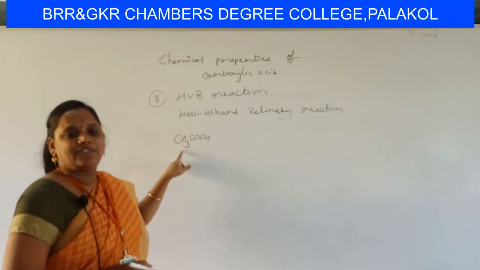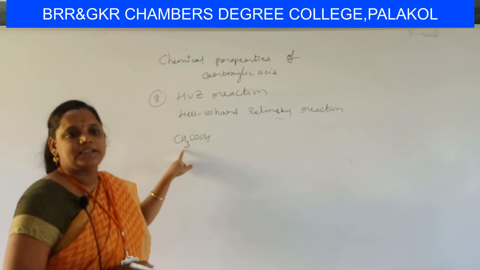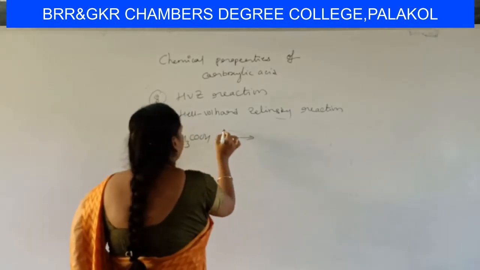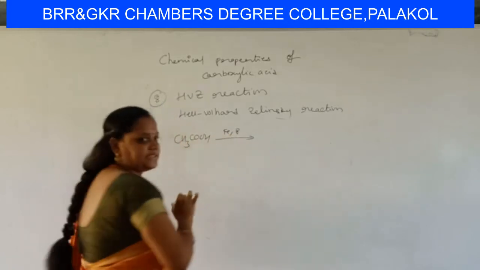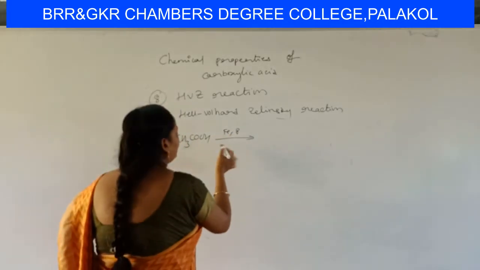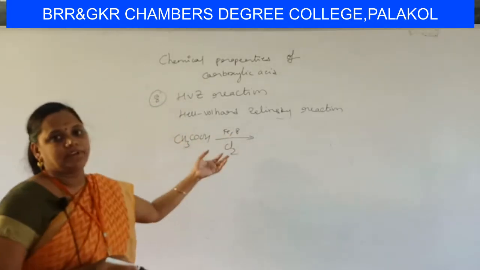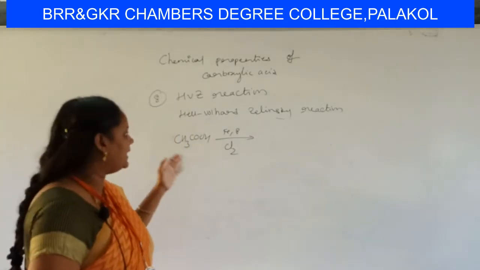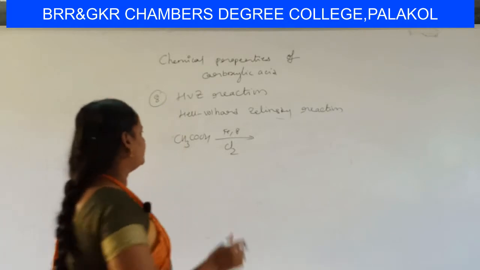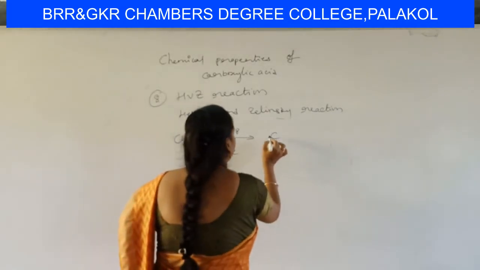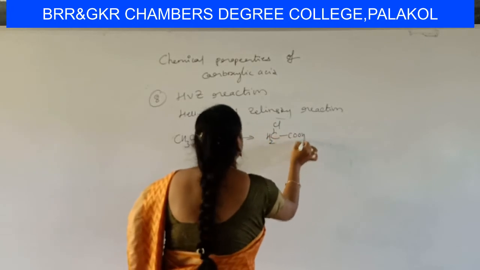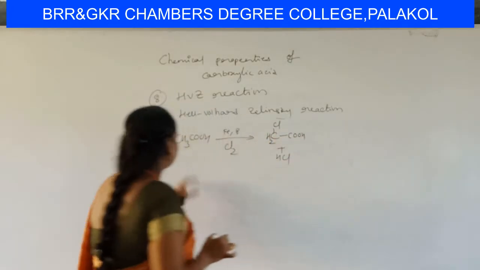You have to add halogen. Let us, for example, take chlorine. Chlorine is the main halogen which is used in the HVZ reaction. So you will get CH2ClCOOH plus HCl.